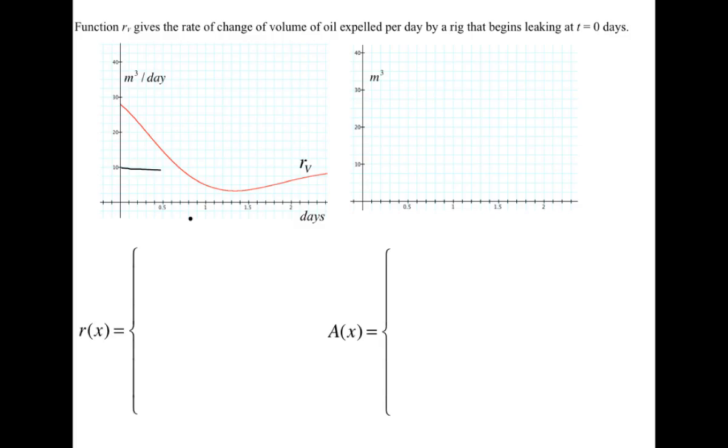What's wrong with that rate? It's way too low. What about 40? Too high. So give me a constant rate that might be a reasonable constant rate for this first 0.5 days. 18, 20, okay?